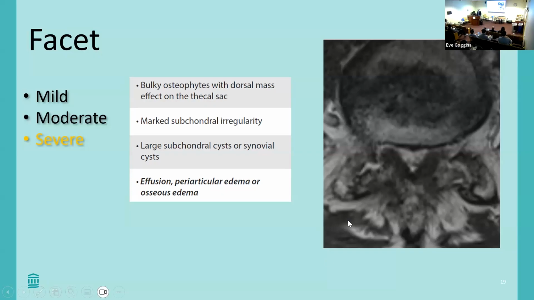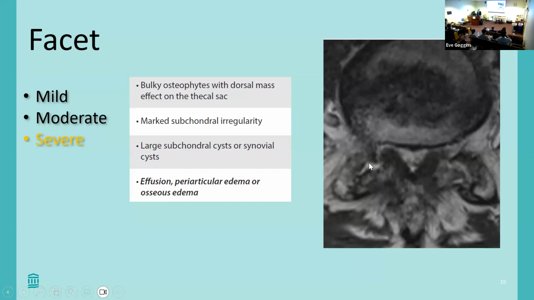When you're seeing these effusions in the facet joints, when do you start calling it a synovitis versus just a pure effusion in that region? Yeah, that's a great question. There would have to be a fairly substantial amount of fluid to see synovitis on a non-contrast MR, because you have to see some gunk in the effusion. This one, it's really too little to say if there is effusion or not.